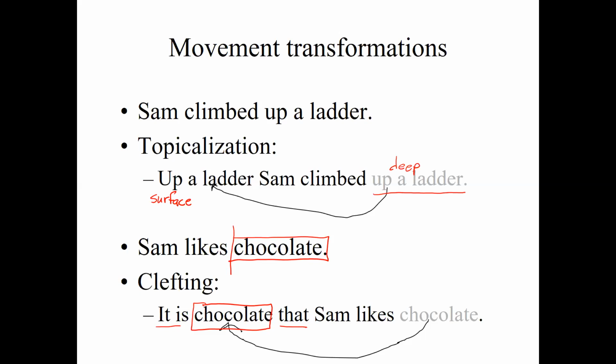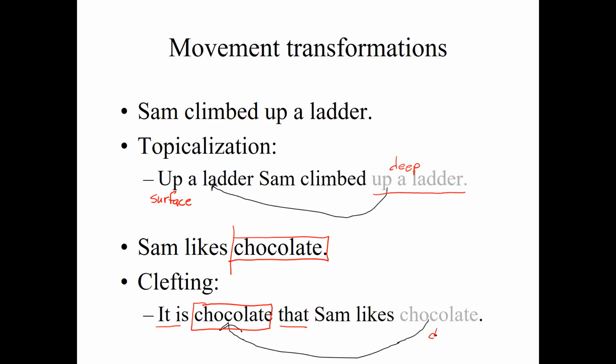So that's the transformation. Chop off a piece of the sentence, put the words it and is, then put the piece of the sentence that you chopped off, then put the word that, and then put the rest of the sentence. So you get, it is chocolate that Sam likes.